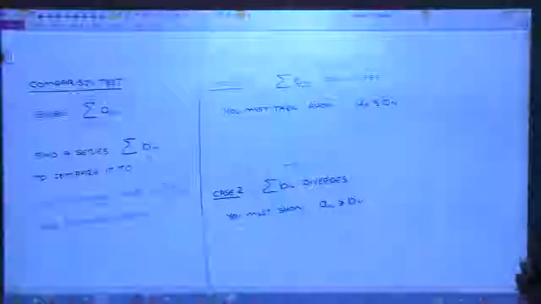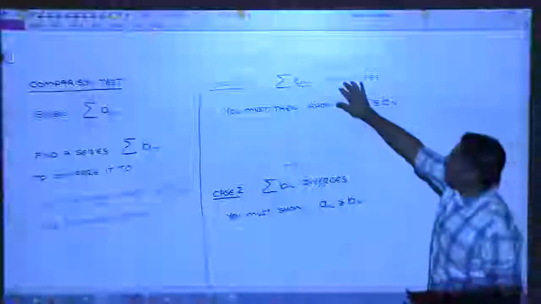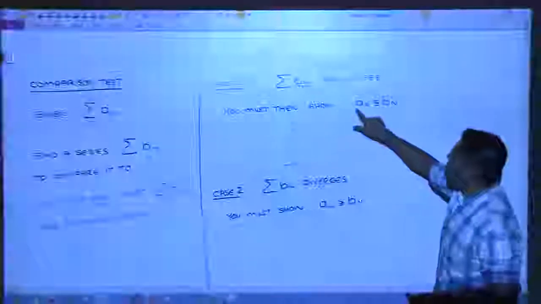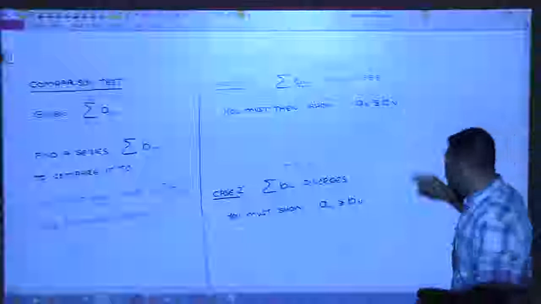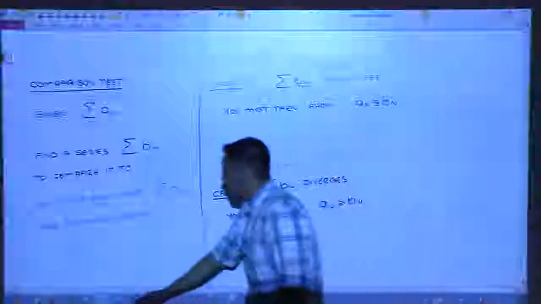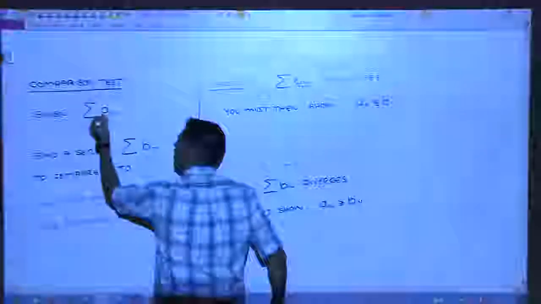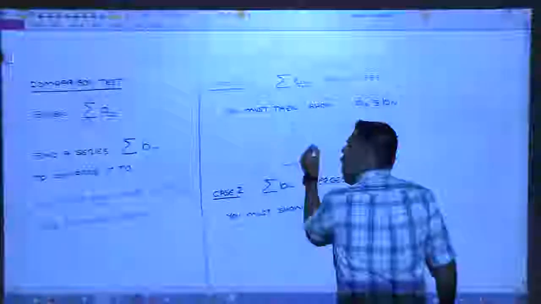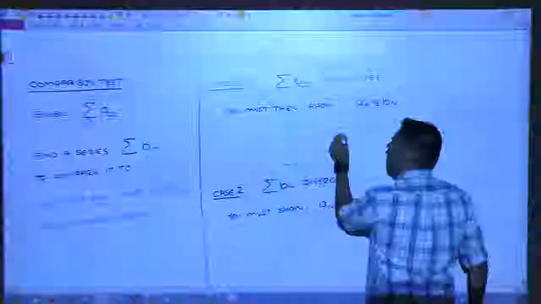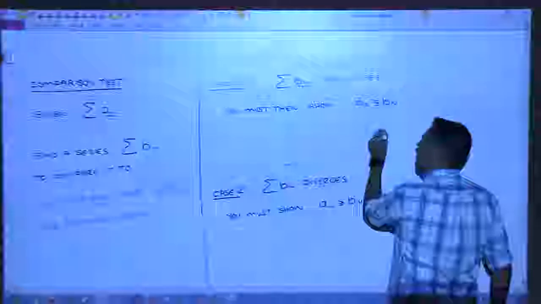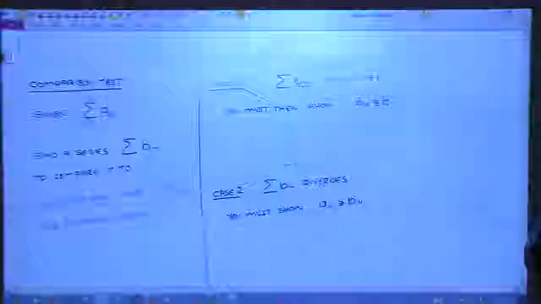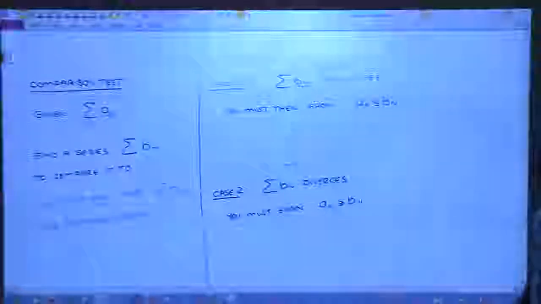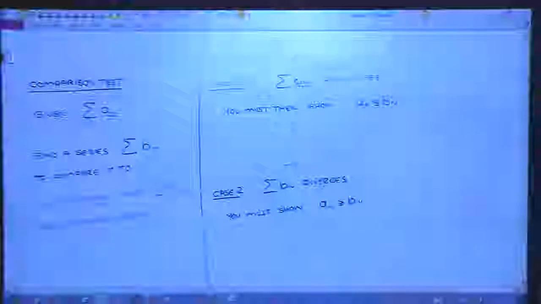Then if this one converges, I have to show that A sub n is less than B sub n. So that means that when we look at the sequence here, these are always smaller than the blue ones. Now, what would that tell me? That's not going to infinity. The series, right?